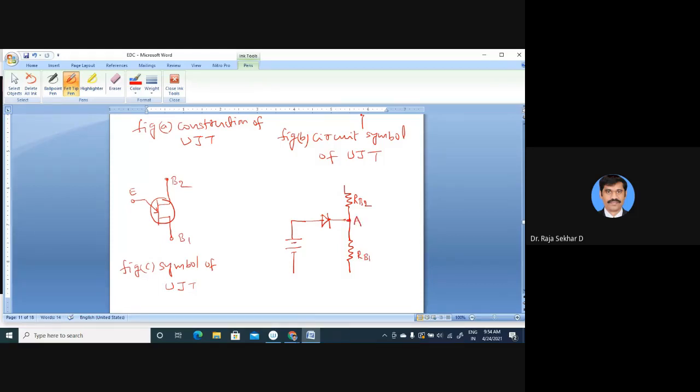This point is indicated with A. This is IE, the emitter current, VE, and the remaining is VBB.